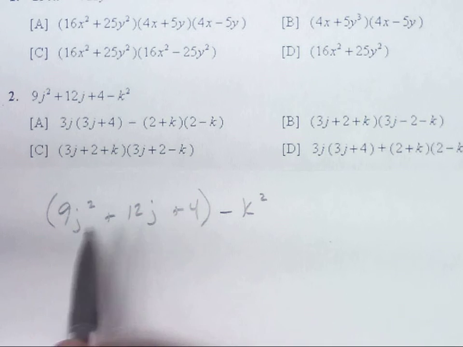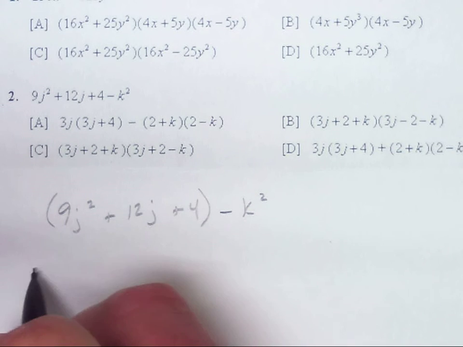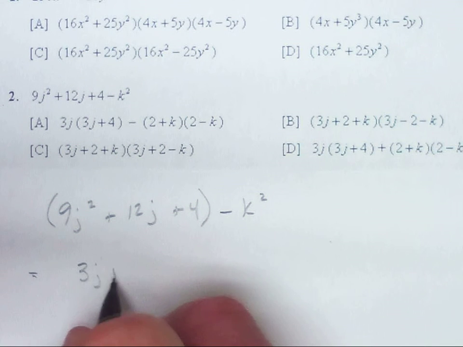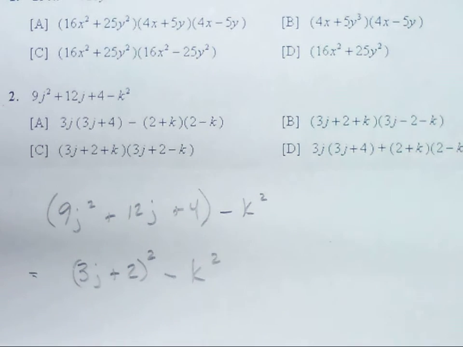So therefore we have a perfect square trinomial here. I'm going to factor it as we would a perfect square trinomial to 3j plus 2 squared, and I still have this minus k squared term.